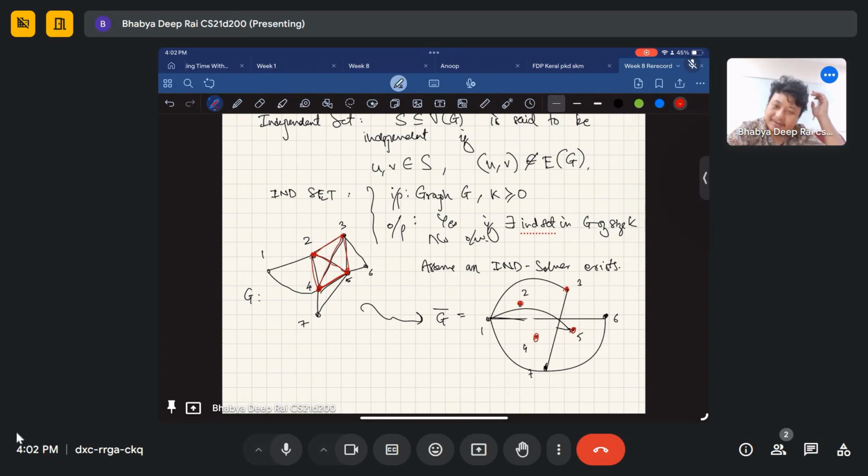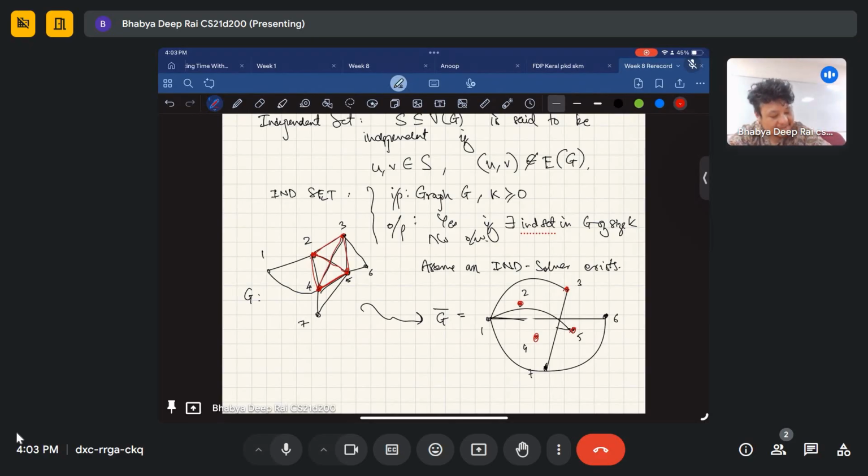Why? Because we are taking the complement of the graph, which means if there is an edge, you should remove it. Since in the K4, 2, 3, 4, 5 are all connected to each other, in the complement graph none of them will be connected to each other.